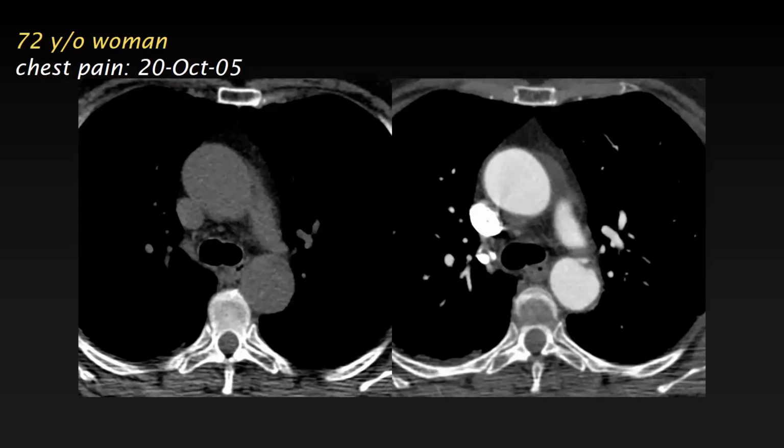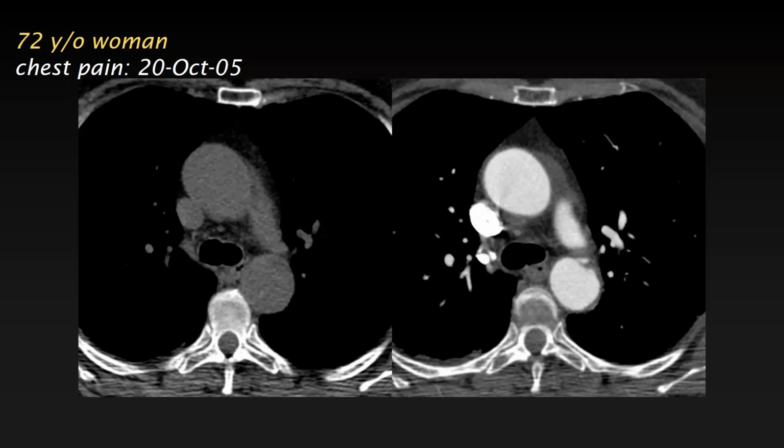Well, the treatment is again the same as any type B lesion. Unless there are any complications, like it's refractory to beta blockers and pain meds, there's no rupture, there's no acute changes or rapid progression. So it's an uncomplicated descending acute penetrating atherosclerotic ulcer.